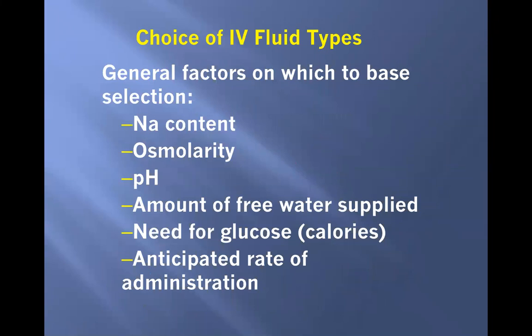General factors on which to base the selection depend on the sodium content in the patient, osmolarity, pH, amount of free water supply, need for glucose, calories, and anticipated rate of administration. All these factors play a role in choosing the suitable type of fluid to be infused for the patient.